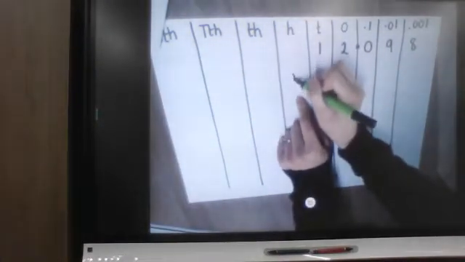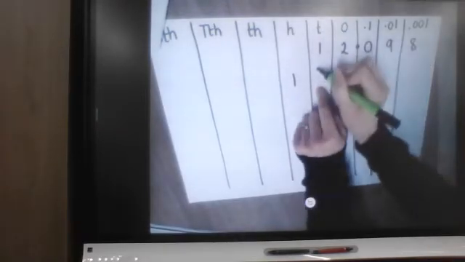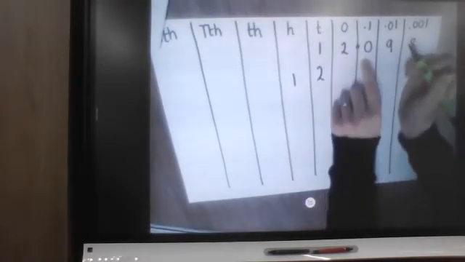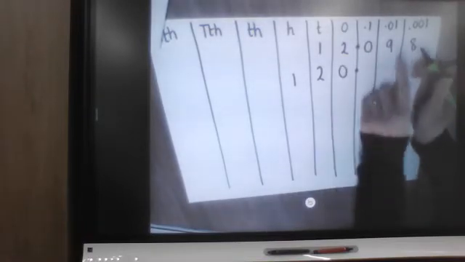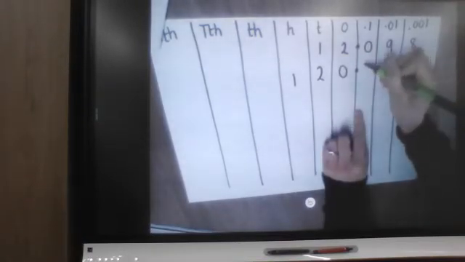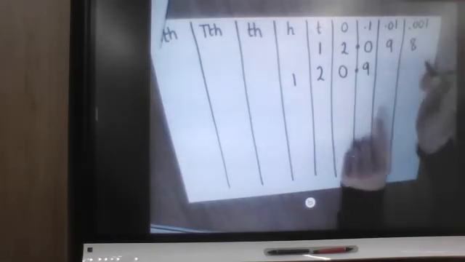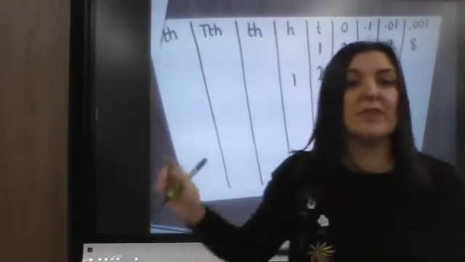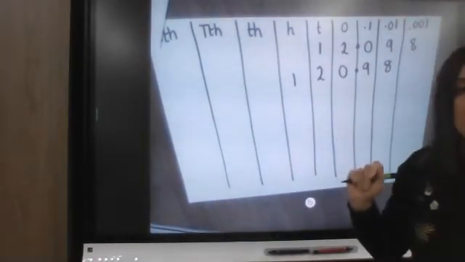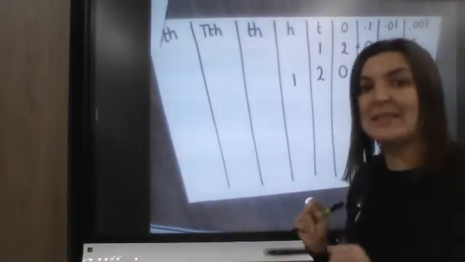I'm going to move the 1 into the hundreds column, the 2 into the tens column, the 0 into the ones column. I still need my decimal point, the 9 into the tenths column, and the 8 into the hundredths column. So I've moved it one place to the left. That's multiplying by 10.